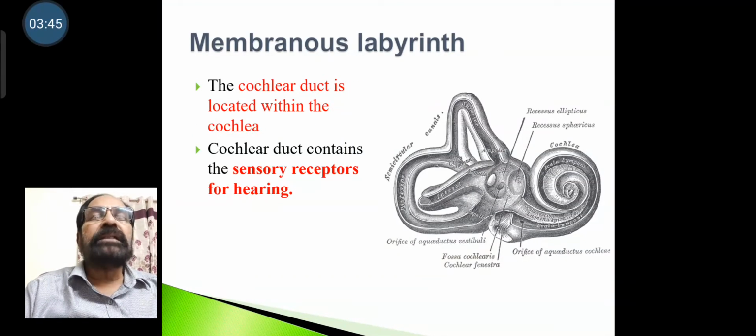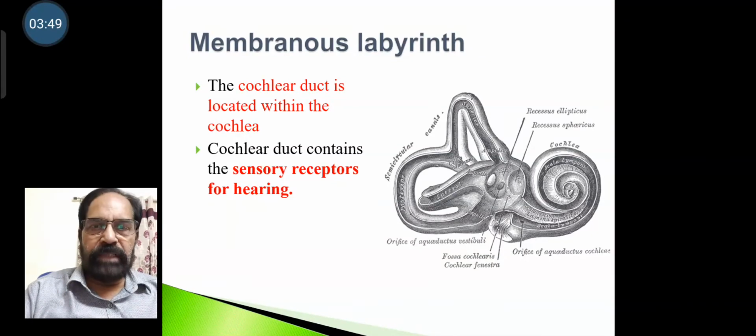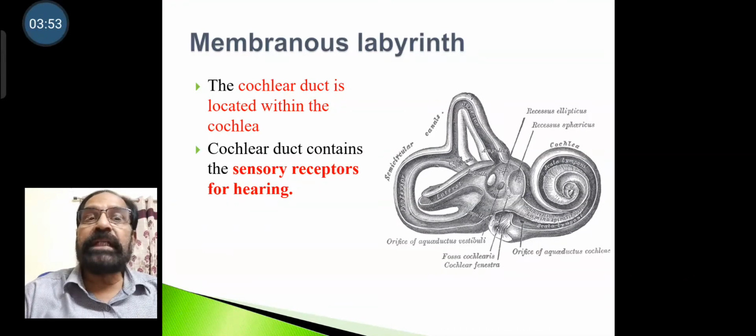Then we have the third, that is the cochlear duct. It is located within the cochlea, and the cochlear duct contains sensory receptors for hearing. So cochlea is related to hearing.